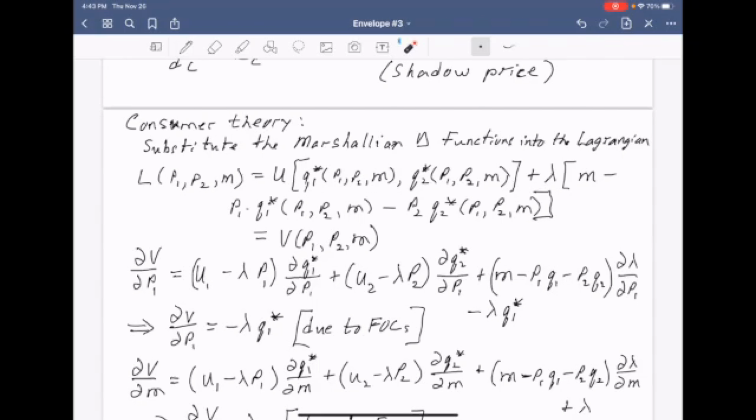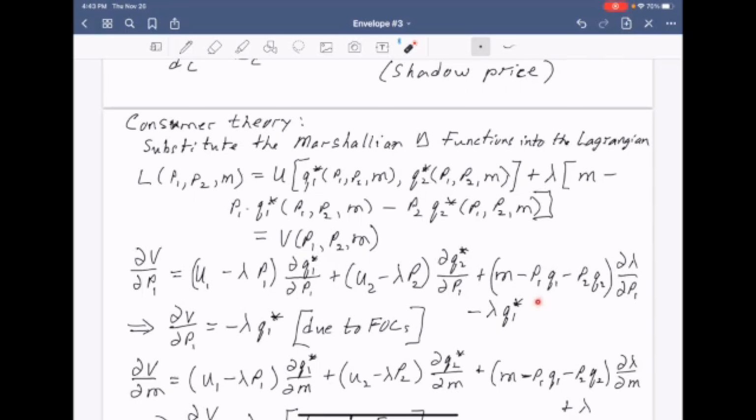So when all was said and done here, because of these first order conditions that have the marginal utility of 1 equal to lambda p1, and the marginal utility of 2 equal to lambda p2, and because this is equal to 0, m is your budget, your entire budget is spent, therefore this term goes to 0, this term goes to 0, and this term goes to 0.